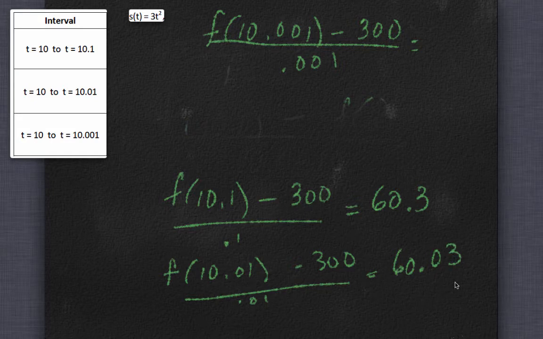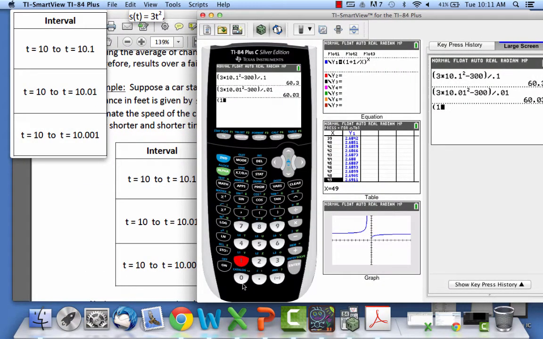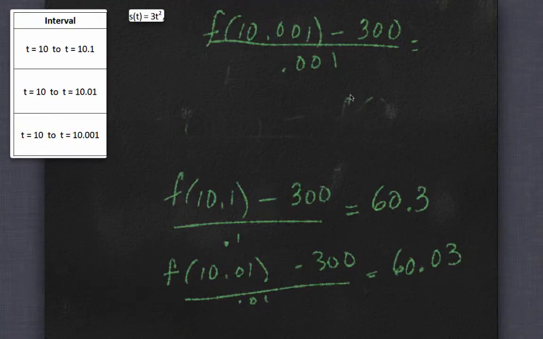I think we could probably make a guess on the next one, but let's go ahead. 3 times 10.001 squared, and I get 60.003.